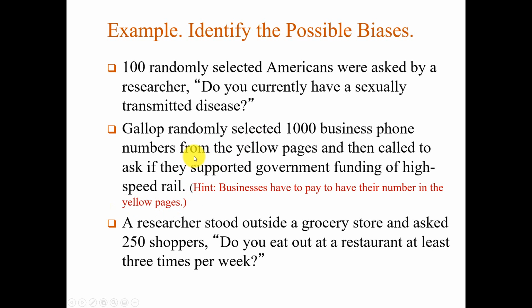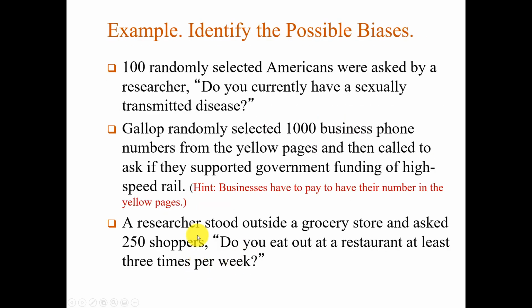Well, this would be an example of convenience sampling because you're missing out on a lot of small businesses who might likely be more in favor of high-speed rail, or less in favor. It just depends on where you are. So they'd be asking the richer businesses rather than getting a more representative sample of the population.